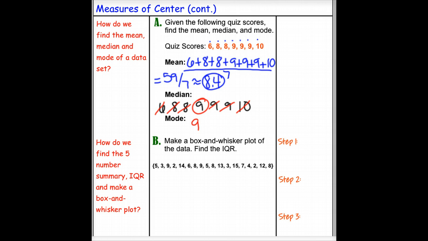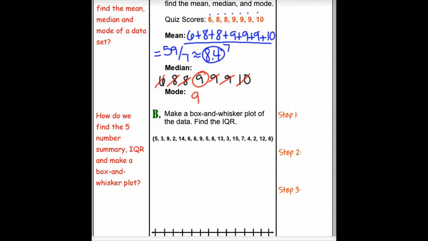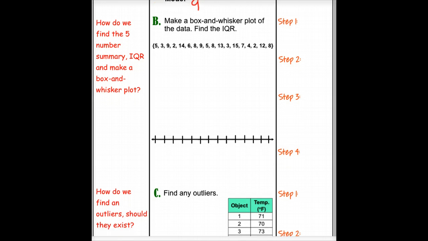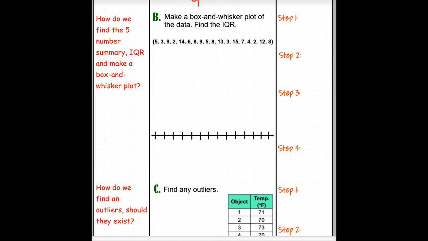So the second piece is going to be making that box and whisker plot, and then finding the IQR. Our first step in this process is going to be to order the data set from least to greatest. I like to cross the stuff off as I go, which helps out. So we've got 2 and a second 2.